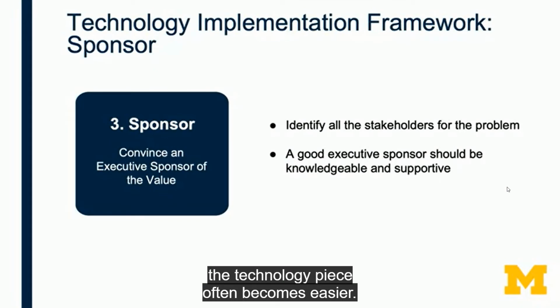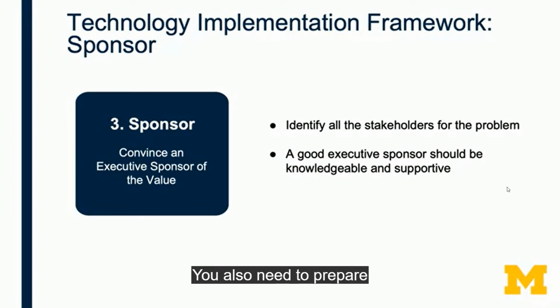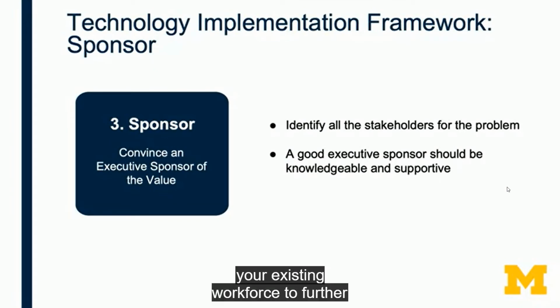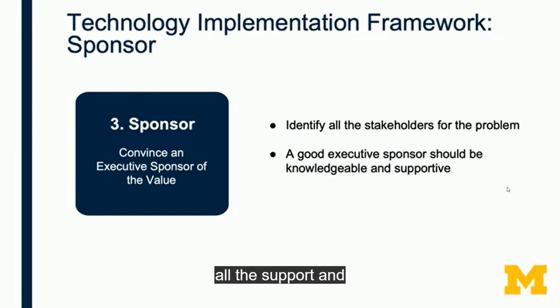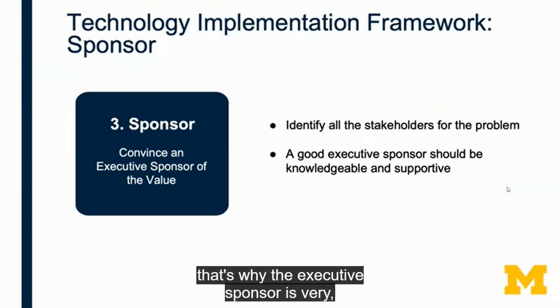You also need to prepare your existing workforce for that change, because often it is a social change, a mindset change that is required. So in order to get all this support, the executive sponsor is very, very important for you to handhold and do this change successfully.